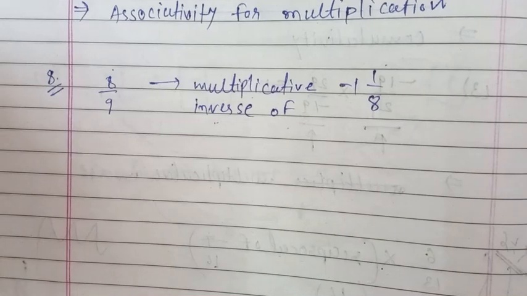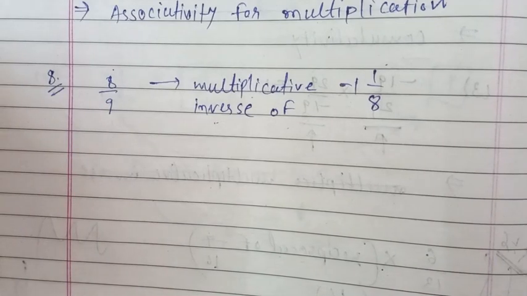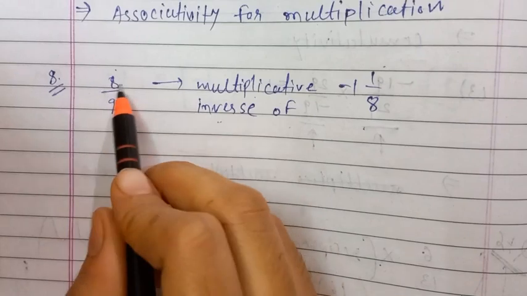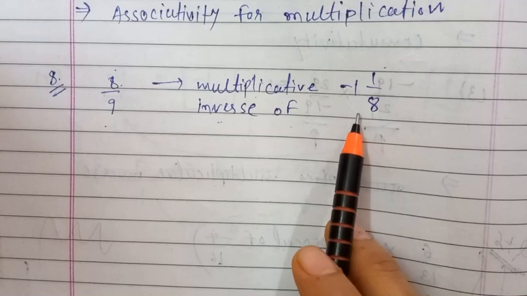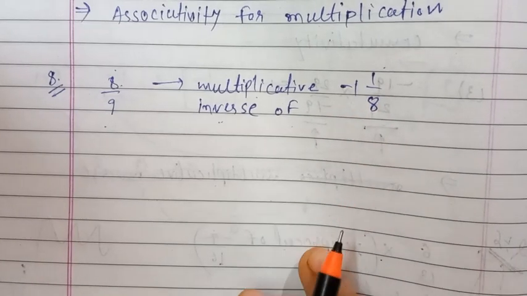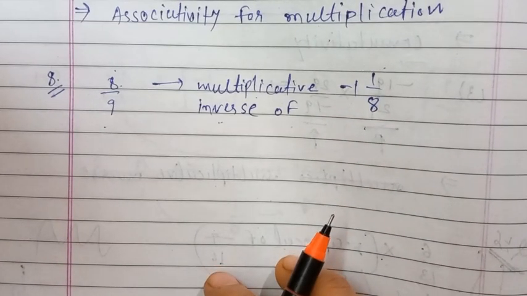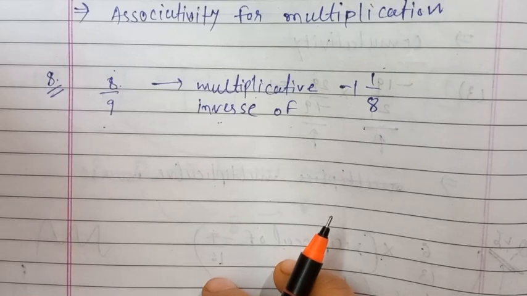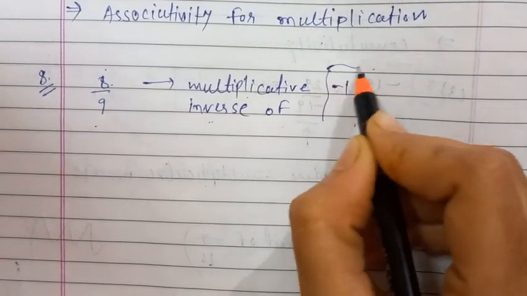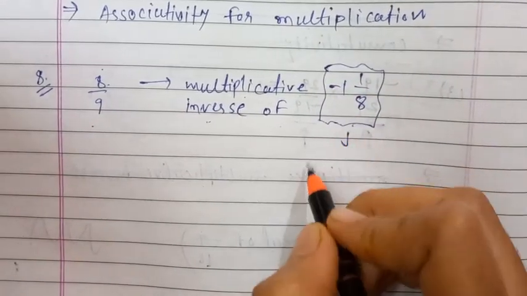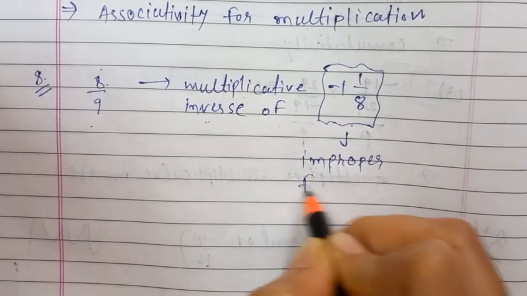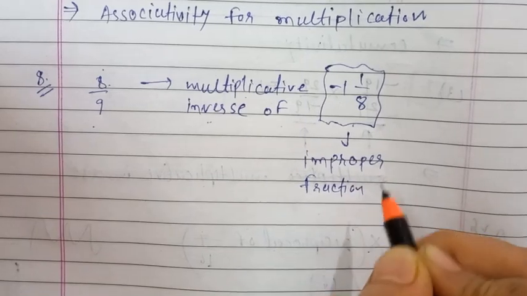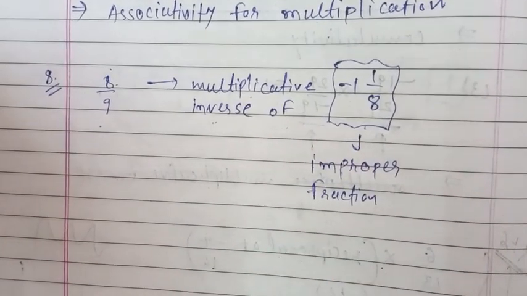First, the question is whether 8 by 9 is the multiplicative inverse of minus 1 by 8 or not. Here, minus 1 by 8 is an improper fraction, we know.